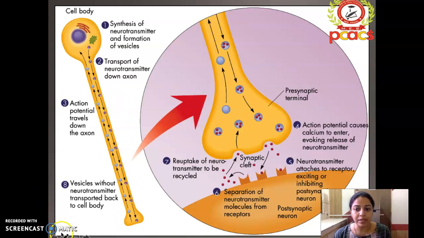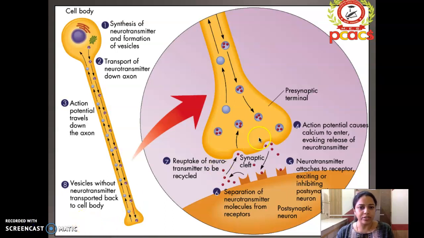So here we can see that the neurotransmitters are traveling from the cell body. These neurotransmitters are synthesized here and then they are packed into the synaptic vesicles. These synaptic vesicles travel down the axon.